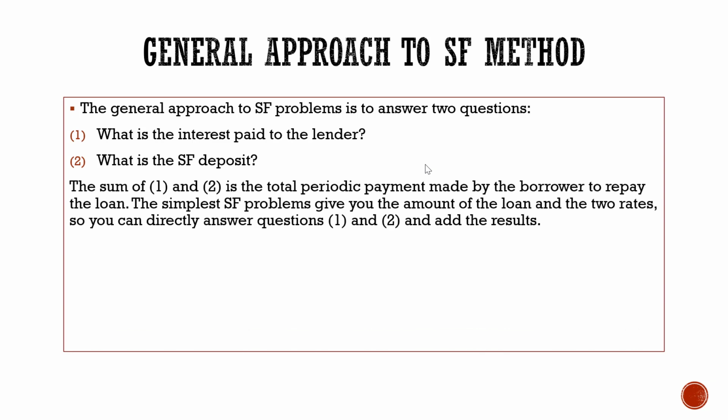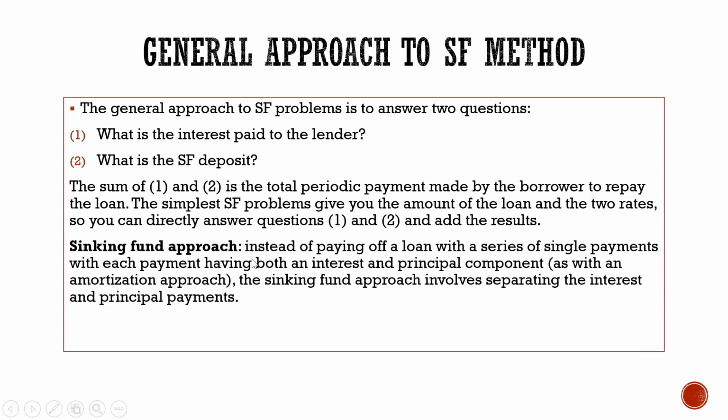The sum of 1 and 2 is the total periodic payment made by the borrower to repay the loan. The simplest SF problems give you the amount of the loan and the two rates. Here we have two rates because one rate is to compute the interest paid to the lender, and one rate is to compute the SF deposit.